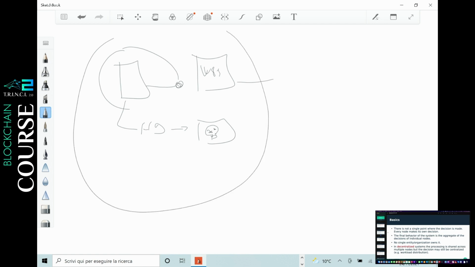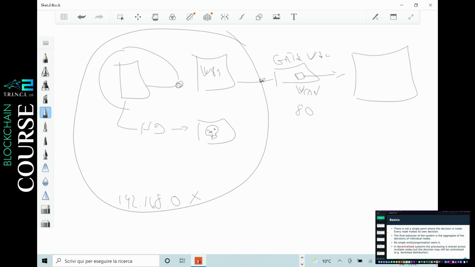This server is in an internal network, let's call it 192.168.0.xx. And there's a gateway with a NAT. And here's the internet.